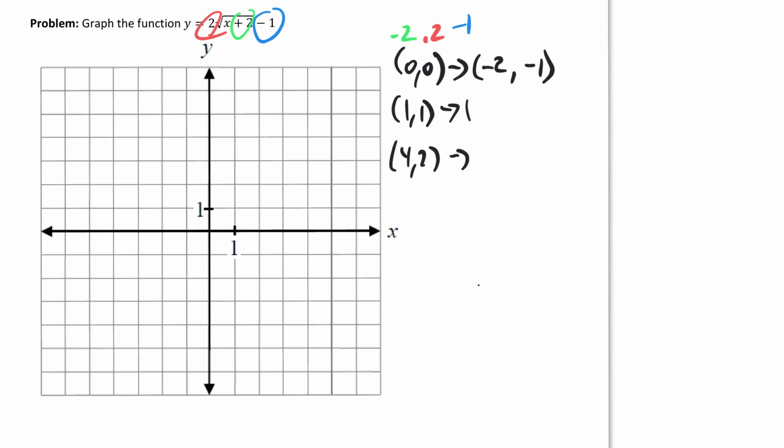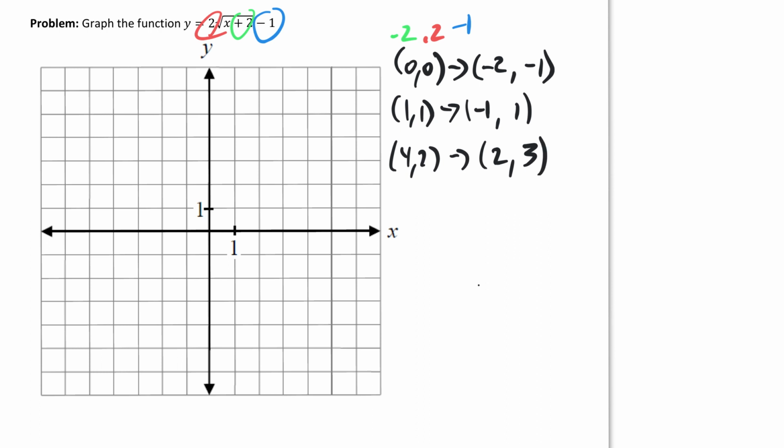Here, when we subtract 2, we get -1. Multiply by 2 and subtract 1 gives us 1. And then subtracting 2 is 2. Multiplying by 2 and subtracting 1 is 3.